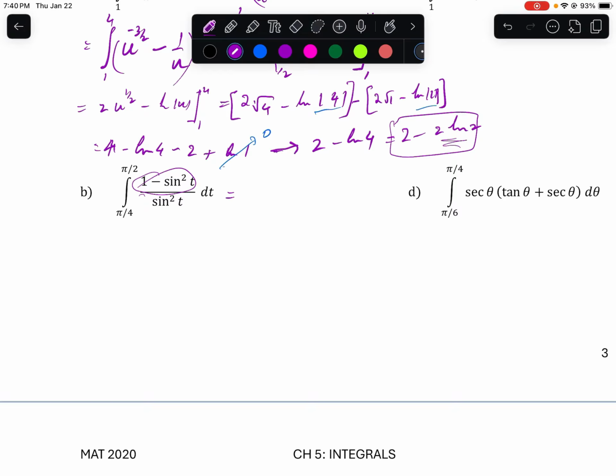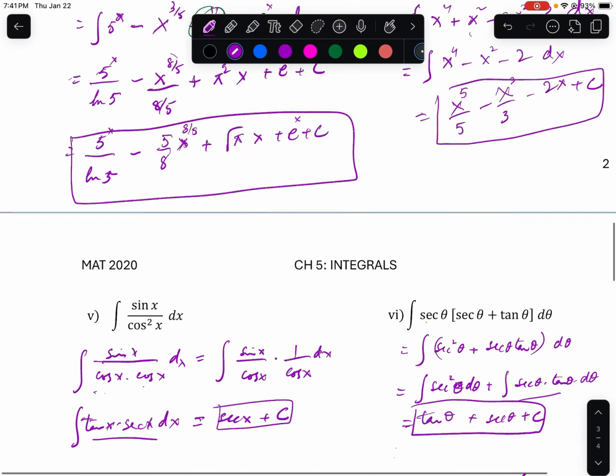Split it. So pi over 4 to pi over 2, I can write it as 1 over sine square t minus sine square t over sine square t dt, which will be equal to the integral from pi over 4 to pi over 2. Now 1 over sine square t, do we have something like that in our table?